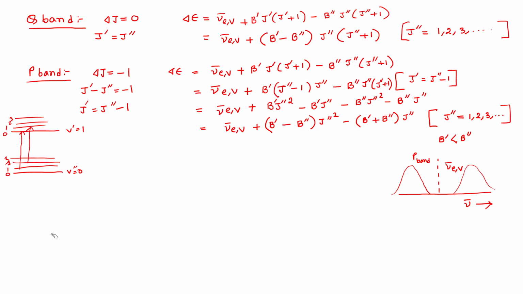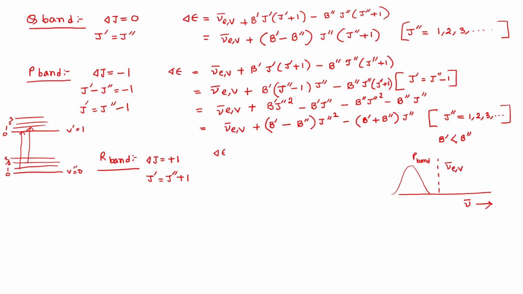You will see where the R band is. For R band, delta J equals plus 1. That means your J dash is J double dash plus 1.